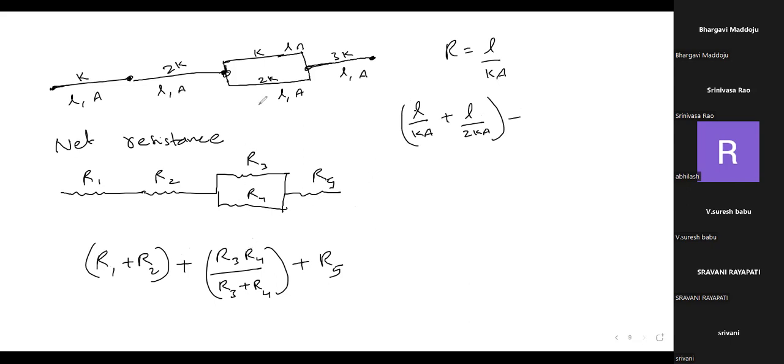Again, R3 is L by Ka. R4 is L by 2Ka. In this way, you have to substitute each and every value according to this formula, and you have to simplify.